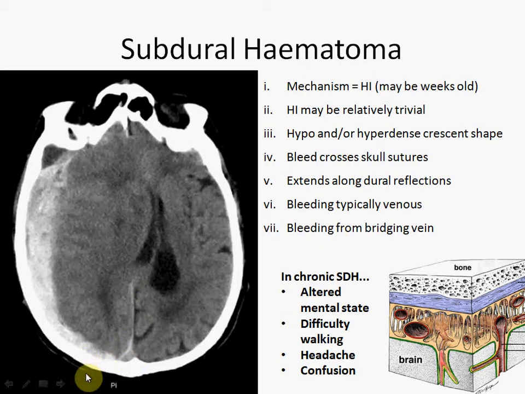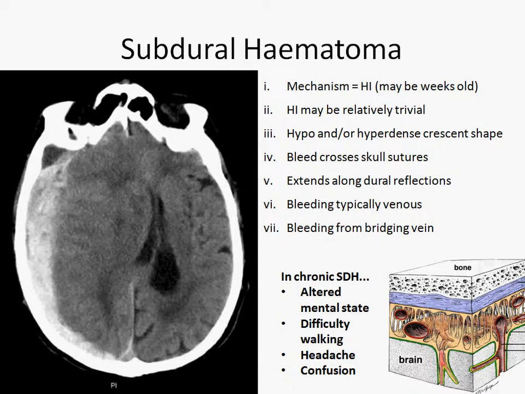So crossing suture lines, reflecting up dural reflections, and it's crescent shaped or sickle shaped as opposed to lentiform. Now the bleeding from a subdural haematoma is typically venous, and it comes from bridging veins, which I shall show you what they are in a moment.